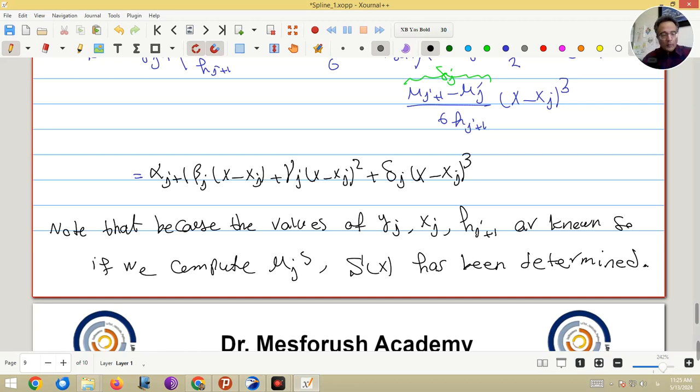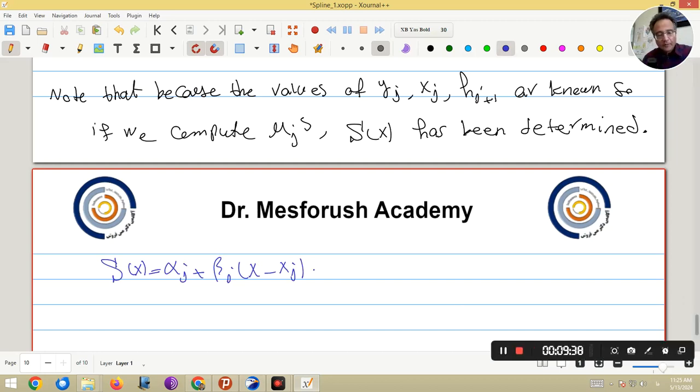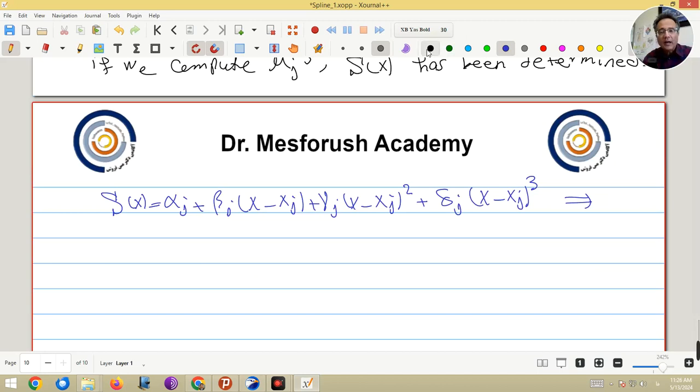Okay, now we had s of x to form alpha j plus beta j times x minus xj, plus gamma j times x minus xj squared plus delta j times x minus xj cubed. Okay, take derivative from both sides.